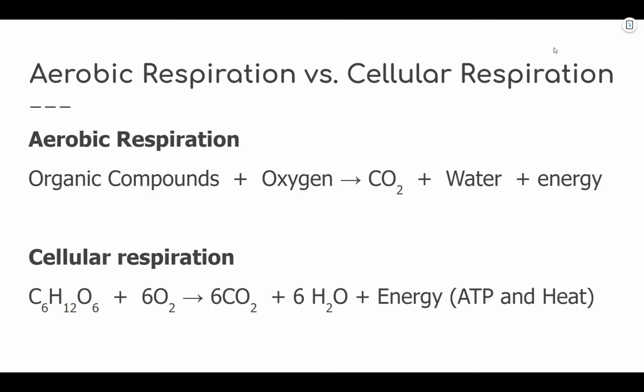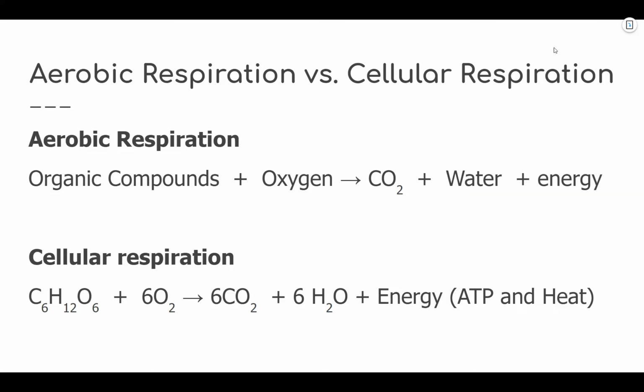So, when we talk about aerobic respiration and cellular respiration, aerobic respiration is essentially an overarching term. It is a type of respiration. And this is our skeleton equation for aerobic respiration.